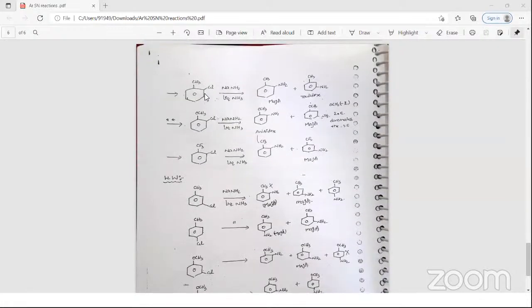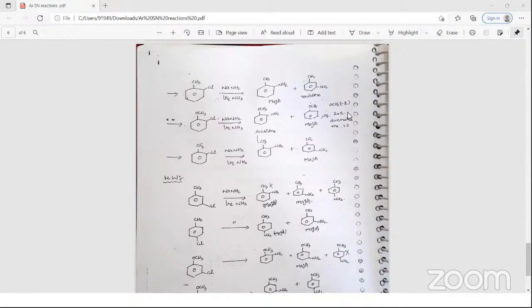This is observed even for compounds like this. Just now we saw this is an electron releasing group, and this is the major product. This is OCH3, the methoxy group. It is giving anisidine, a meta product.